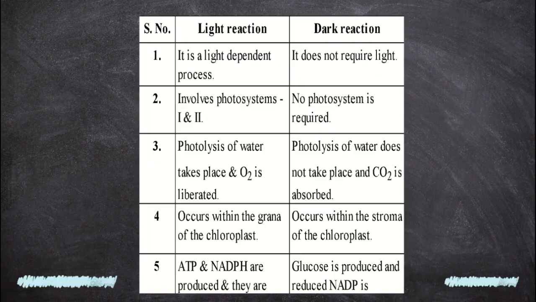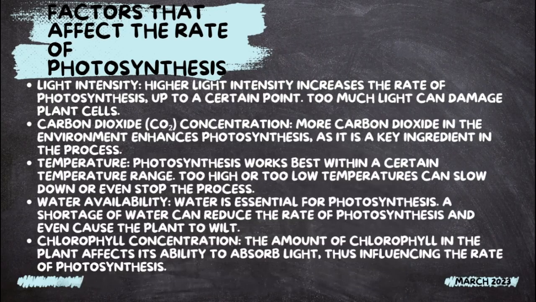So in the light dependent reaction, we said the discs are thylakoids and a stack of them is called a grana. But the light independent reaction happens in the stroma, the space inside the chloroplast. In the end, we get reduced NADP for the light independent reaction.